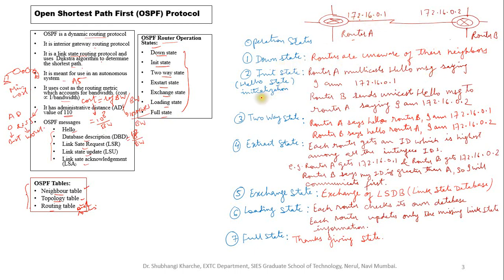So in init state, router A sends the multicast using the IP address 224.0.0.5 to the number of its neighbors, and one of the routers which is configured with OSPF will send a unicast to router A. Let's say router B is the router which is configured with OSPF, then router B will send the unicast hello message to router A saying that I am 172.16.0.2.